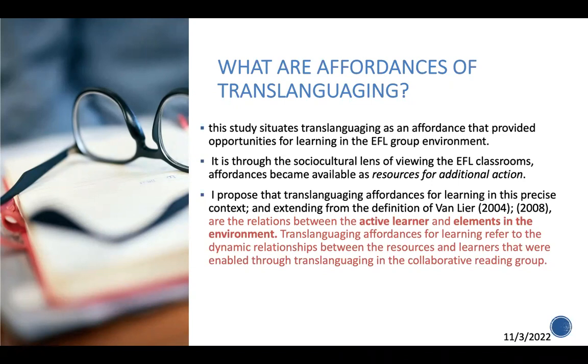So I'm looking at learning as an active process, and this is enabled through translanguaging. So translanguaging affordances for learning refers to the dynamic relationships between the resources and learners that were enabled through translanguaging in the collaborative reading group.